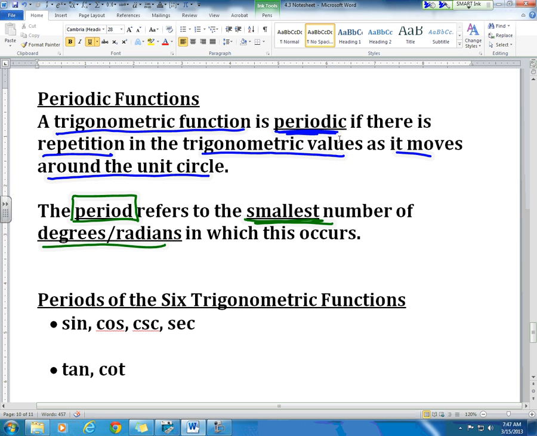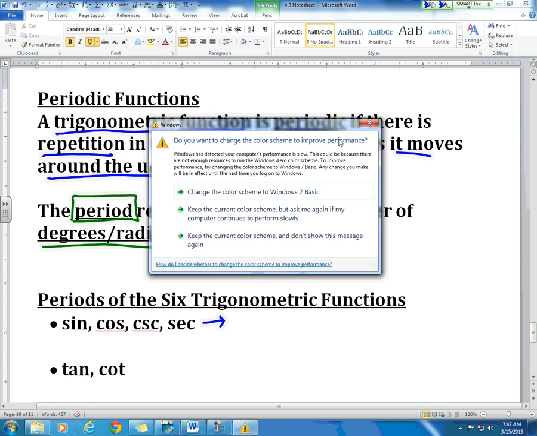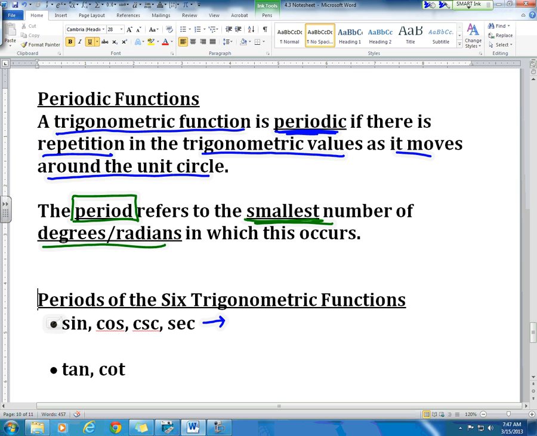There's a pattern, but there's no actual repetition. But if we were to go past 360 degrees or 2 pi radians, that entire chart would start over again. So the period of sine, cosine, cosecant, and secant is 360 degrees or 2 pi radians. That means the values of the trig functions repeat every 360 degrees or 2 pi radians.